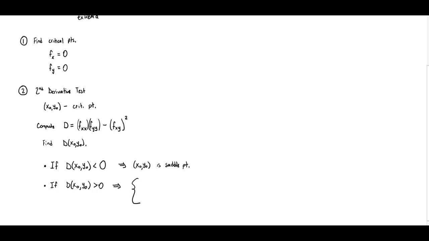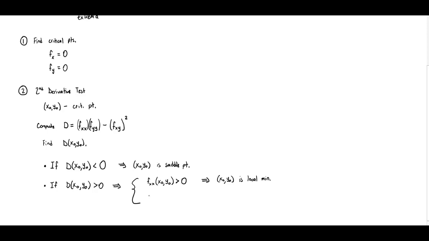So to determine whether it's a max or a min, we're going to look at fxx. So we're going to take fxx and evaluate it at the critical point as well. If this turns out to be positive, then that tells you that your critical point is a local minimum.